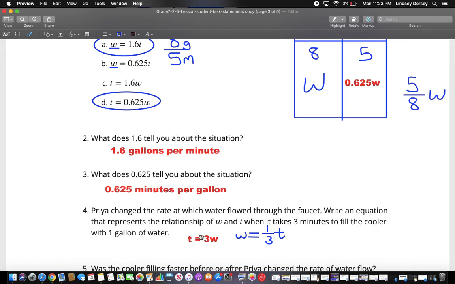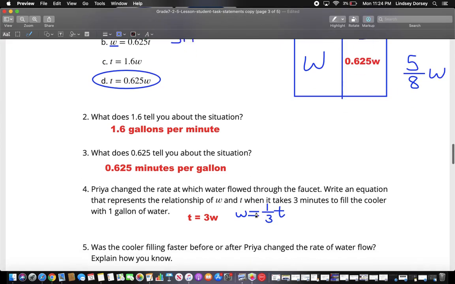So I could write T equals 3W or W equals 1/3 T. So they mean the same thing. I just used a reciprocal. So remember, here we were able to use a decimal, but that's because it stops after the 5. We can't use a decimal here because it's 0.3 repeating, and if we round that to just 0.3, then our answers for certain situations were going to be off. And sometimes that really makes a big difference. So you want to leave this as fraction form.